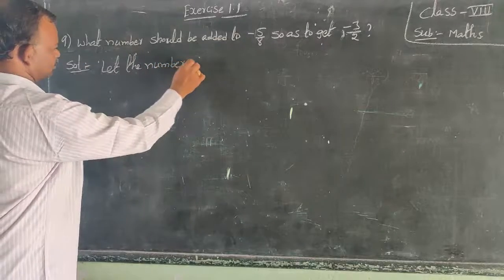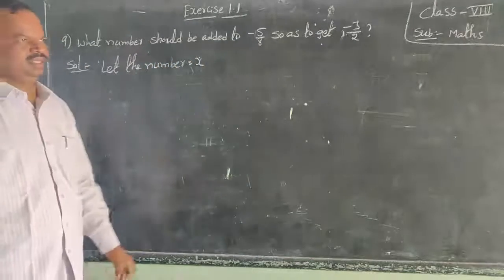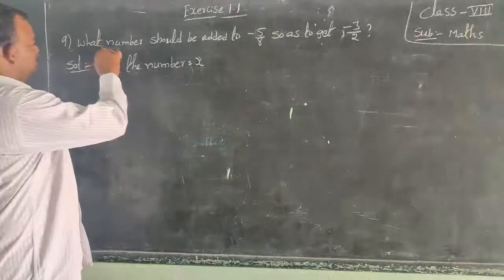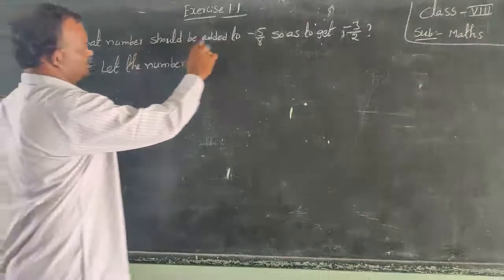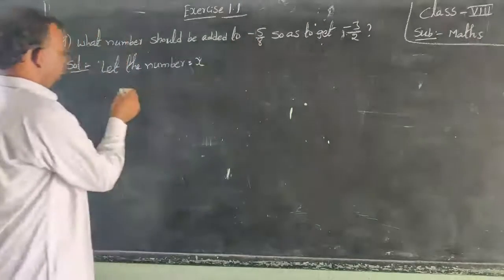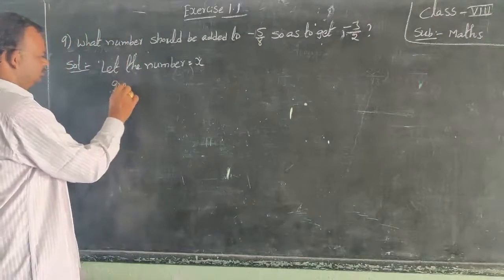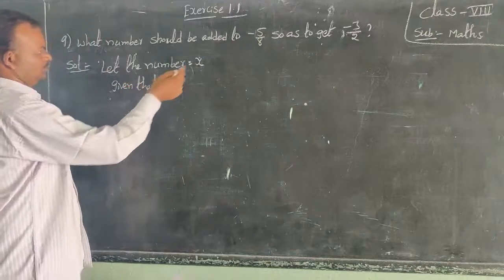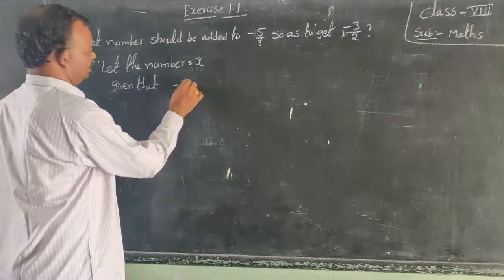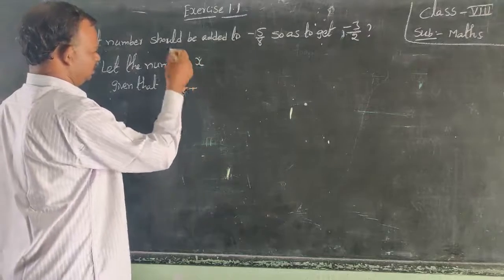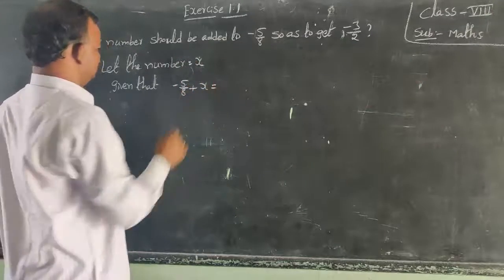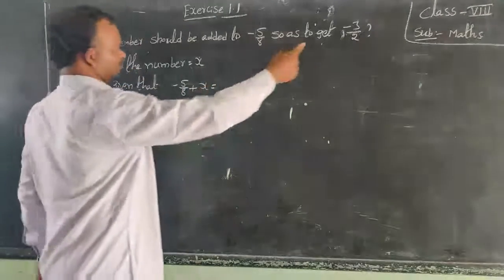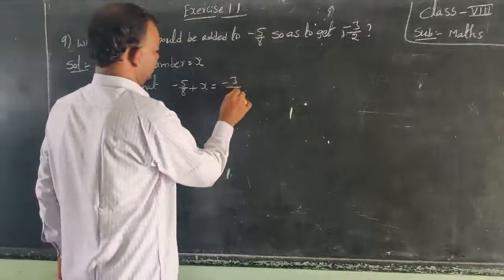Let the number be equal to x. Now, the given sum is what number should be added to minus 5 by 8. So, given that minus 5 by 8 plus the added number, which we are taking as x, is equal to minus 3 by 2.